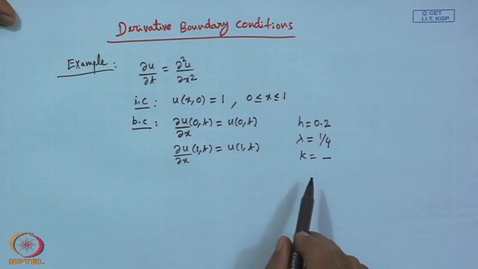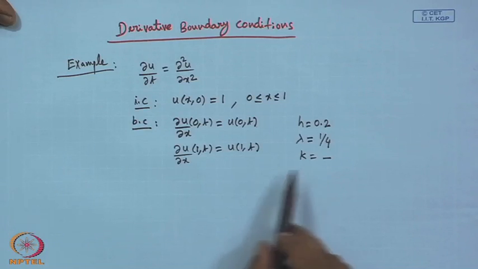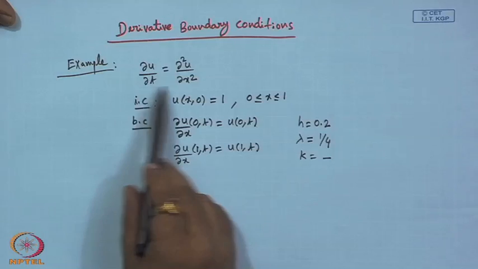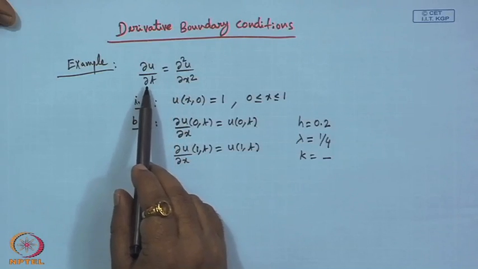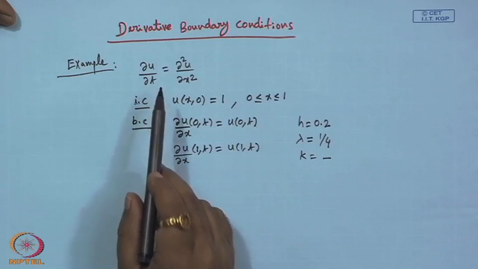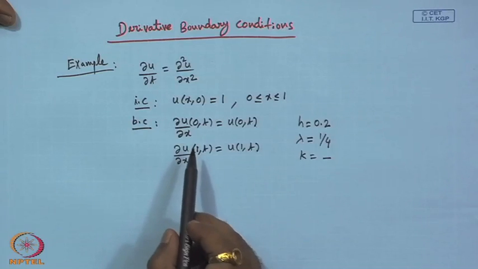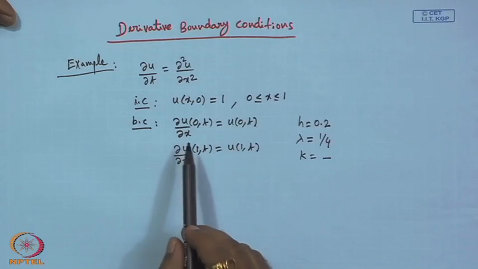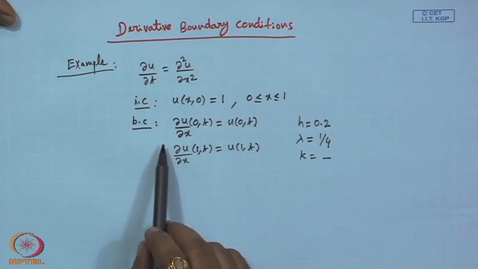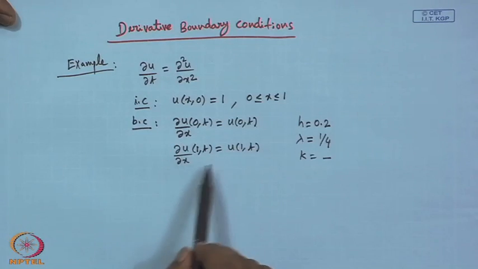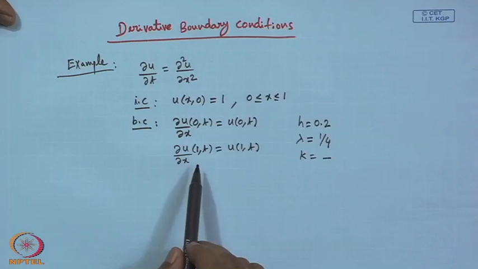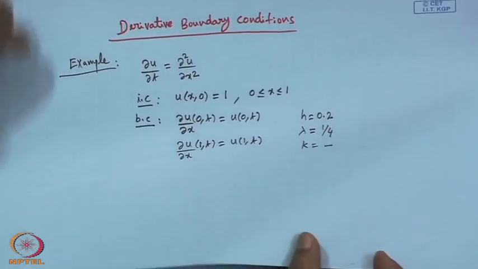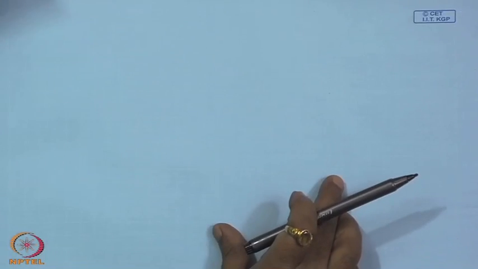Now, as far as the discretization of this is concerned, you can discretize either with explicit scheme or implicit scheme. However, there will be a deviation when we discretize the corresponding boundary conditions compared to the earlier case of function value prescribed on the boundary. So, let us see how this deviation will play a role.